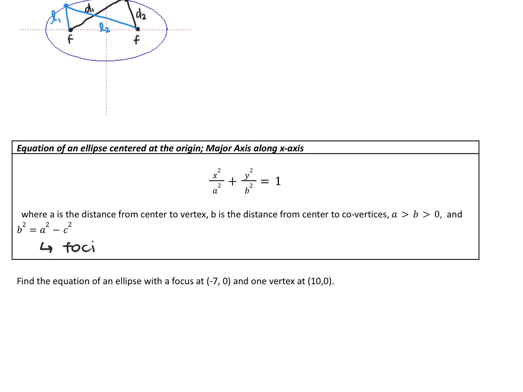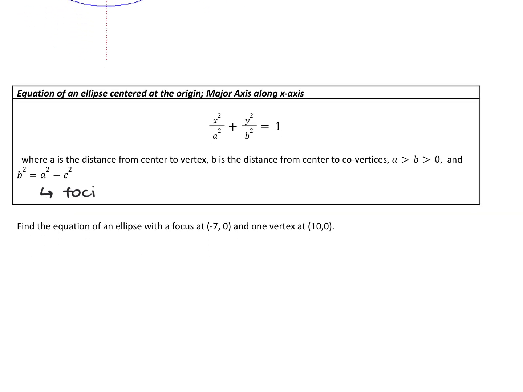So for an example, we want to find the equation of an ellipse with a focus at -7, 0 and one vertex at 10, 0. So we have that c is 7 because c is the distance from our center to our foci. And then our vertex is always a, and that is 10. Because we're centered at the origin, that means our center is at 0, 0. So you're just going that distance. So now I need to find b.